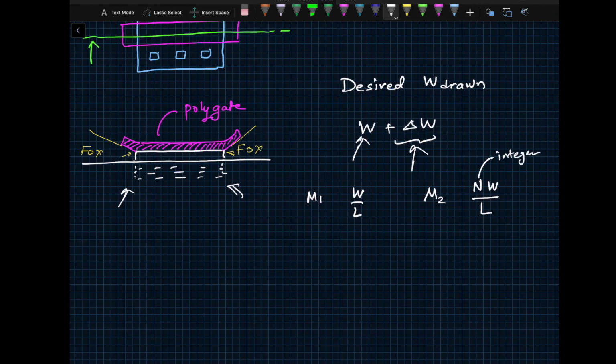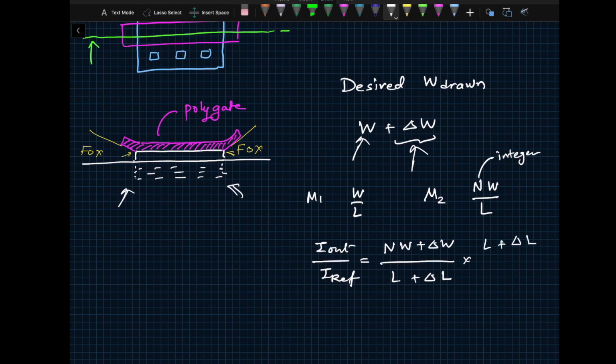Now if you look at the current mirroring between these two, you would get I out divided by I ref, which would look like NW plus delta W, and L plus delta L, and then the reciprocal of that will be L plus delta L divided by W plus delta W. This happens because the delta W doesn't get multiplied in this case, as we are stretching the width.